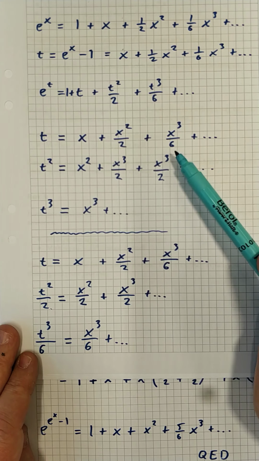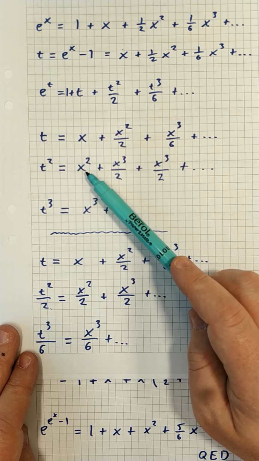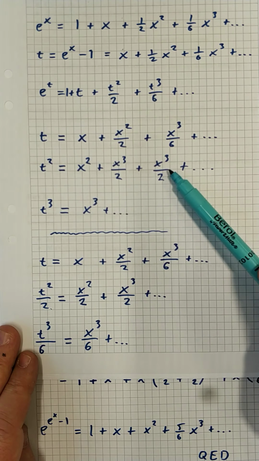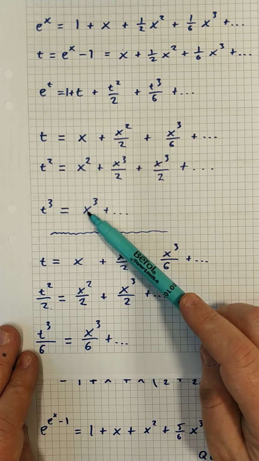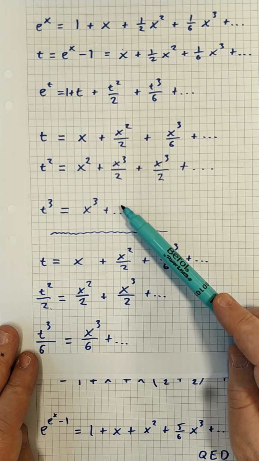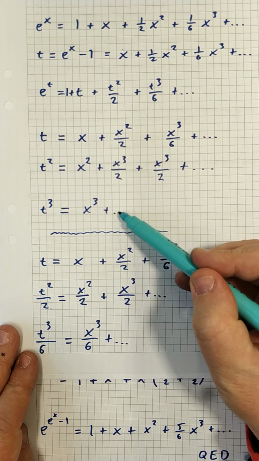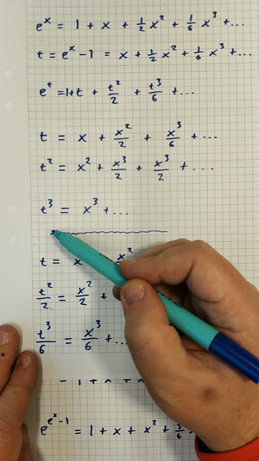So we had first the t expansion, multiplying that by itself and ignoring everything higher order than 3, we got t squared. Doing the same with t cubed and so on. And if we had wanted higher order powers of x than 3, this list would have gone on and we would have needed the t to the power of 4 term as well.